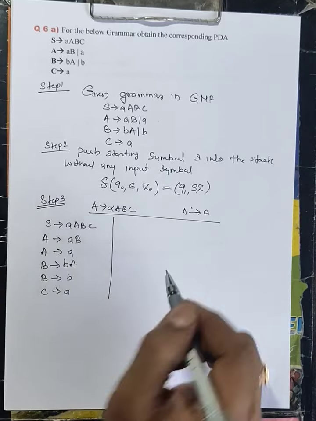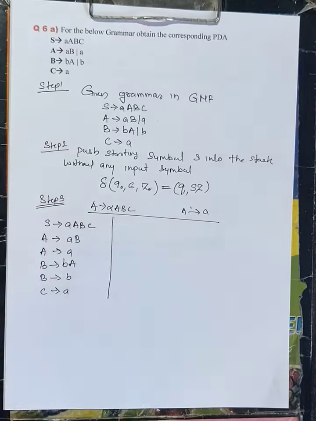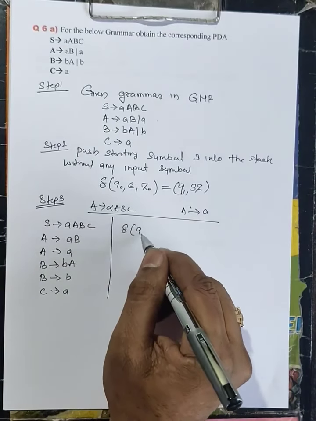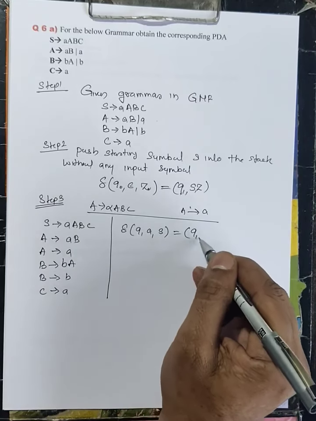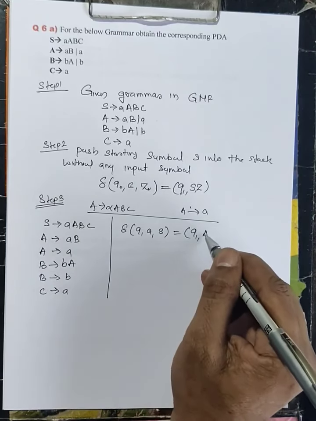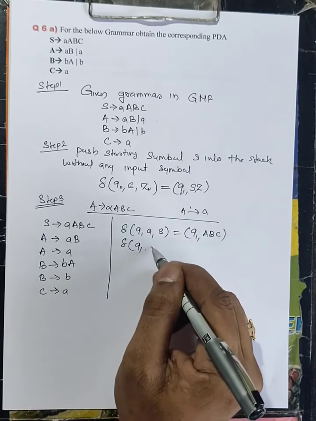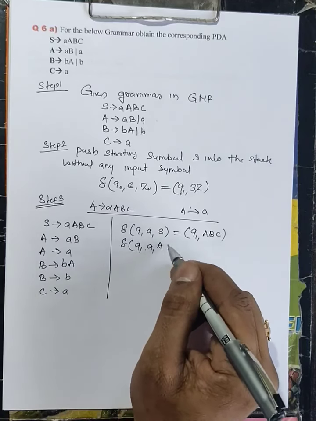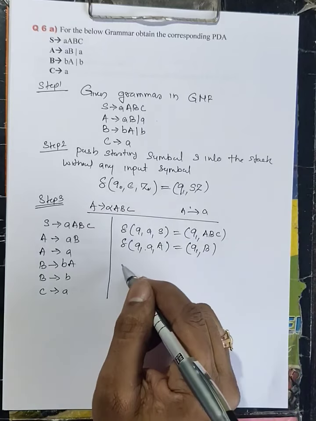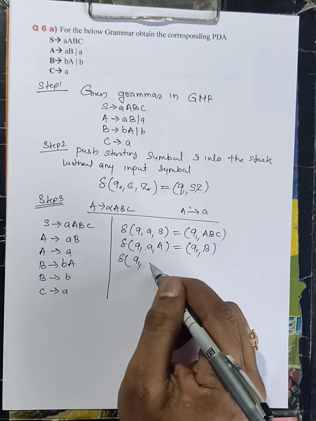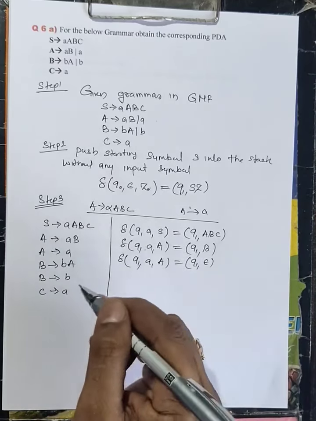PDA transitions: all transitions are from Q1 to Q1, since currently we are on Q1. First, delta of Q1, input symbol A, stack symbol S equals Q1, and next the variables A B C. Second, Q1, input symbol A, stack symbol A equals Q1, next symbol B. Q1, input A, stack symbol A equals next state Q1 and epsilon.